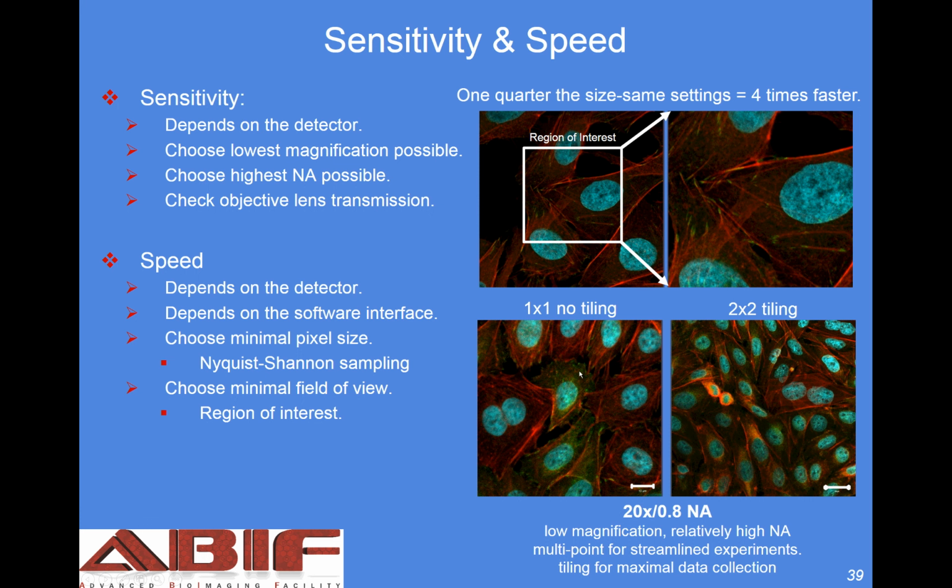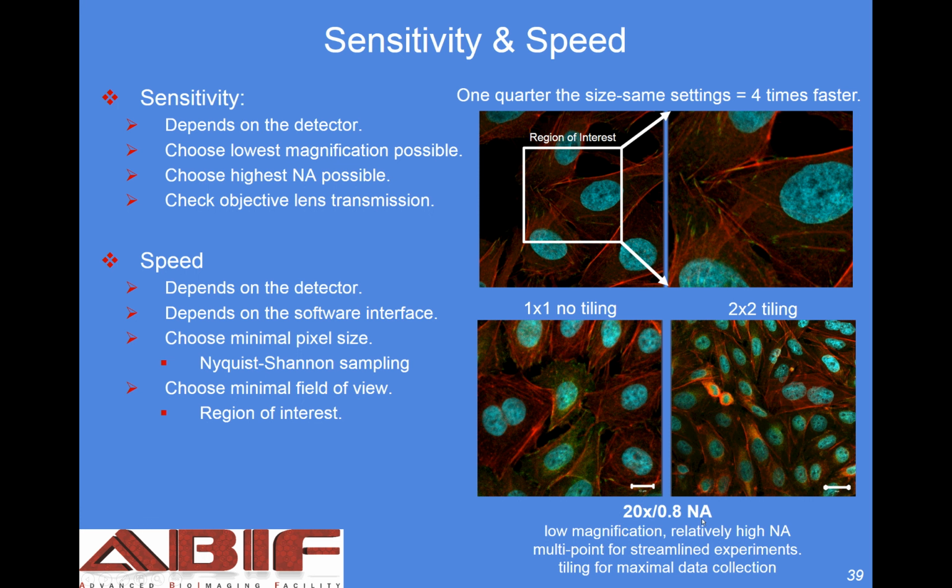I also wanted to mention this 20x 0.8 NA lens, or some of the manufacturers have 20x 0.75 NA lenses. This is a really great lens to add to any microscope. You can see here with this image that you can see the actin filaments and the focal adhesions quite well, even with the 20x lens, because the numerical aperture is pretty high.